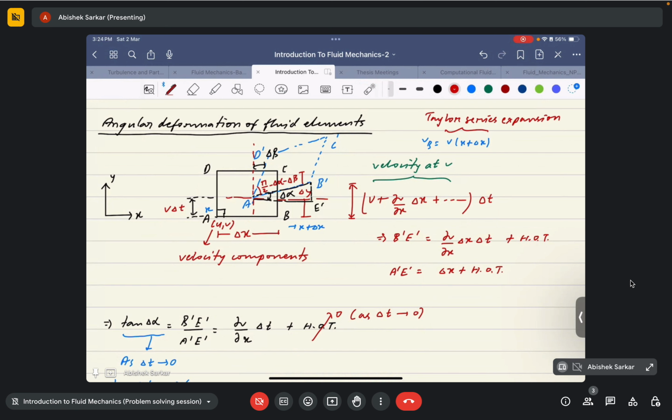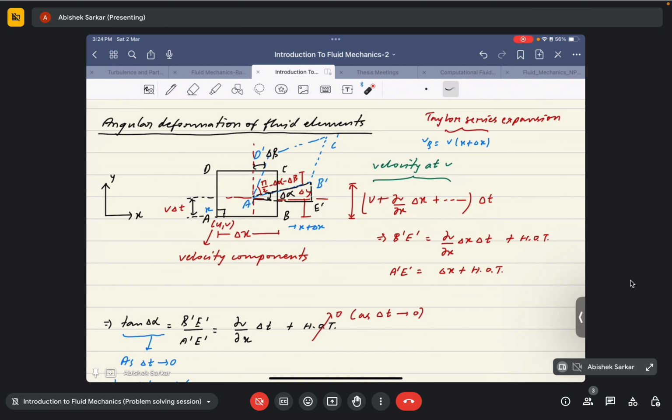Then the velocity at point B would be given by this expression. Okay, this is v plus dou v by dou x delta x plus dou square v by dou x square delta x square by 2, and this expansion will go on, but let us say that we are interested only in the first derivative. Then we can just consider the rest of the terms as higher order terms. That's fine.